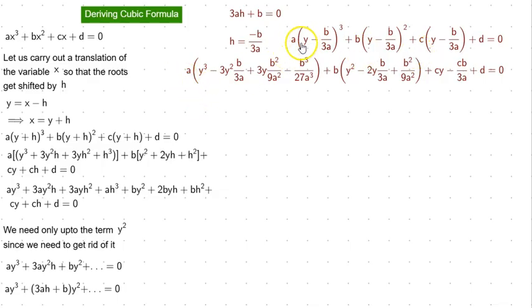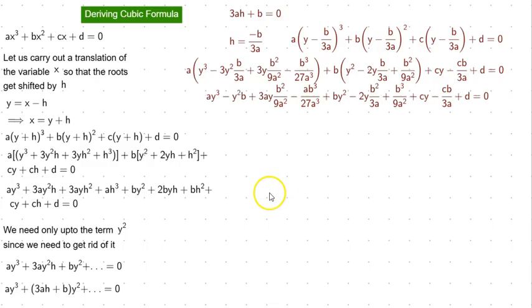So we have a times (y cube minus 3y square b by 3a plus 3y b square by 9a square minus b cube by 27a cube) plus b times (y square minus 2yb by 3a plus b square by 9a square) plus cy minus cb by 3a plus d equal to 0.